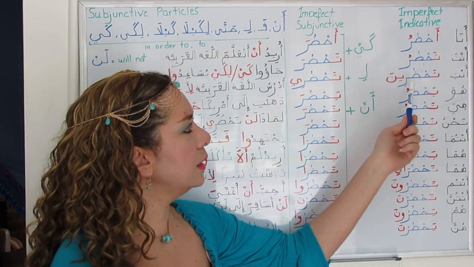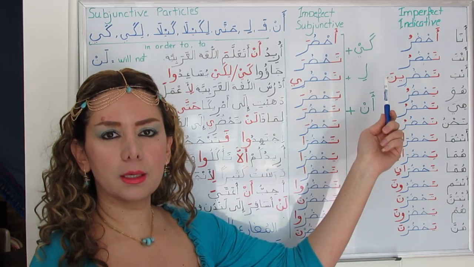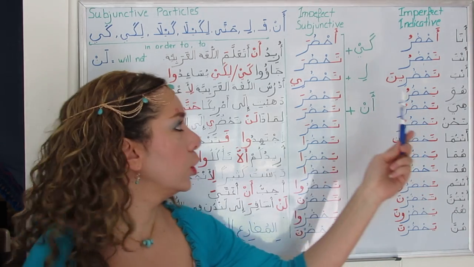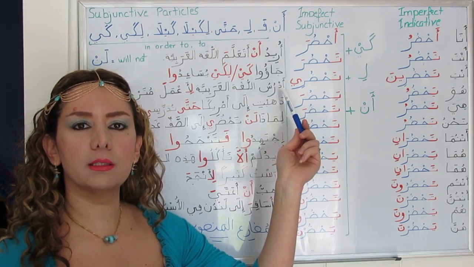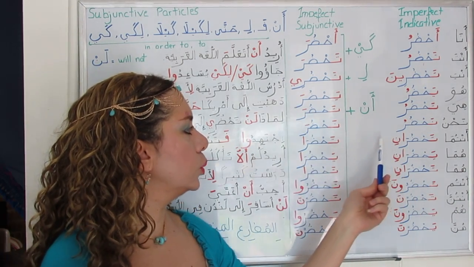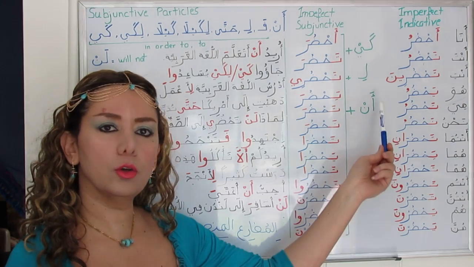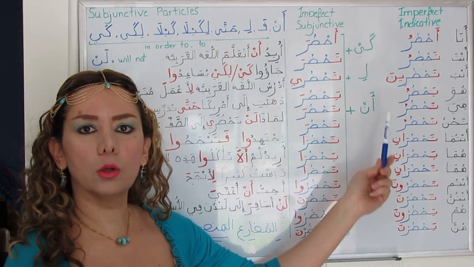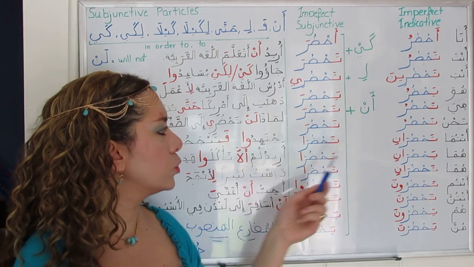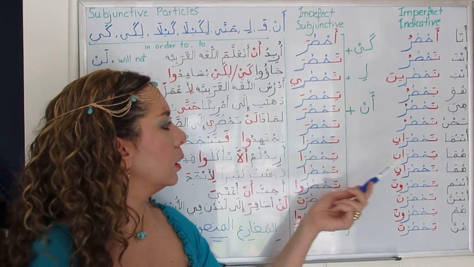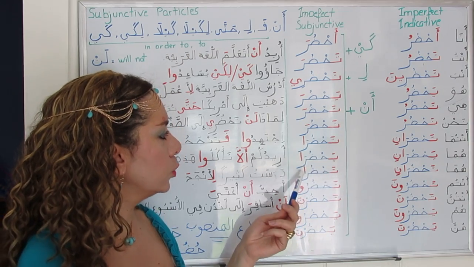So for أنتِ, تحضرين, second person singular feminine, we will have تحضري. The nun will disappear. For the duals, we will keep just the alif, the long vowel, referring to the dual, but no nun. أنتما تحضرا، هما يحضرا، هما تحضرا.